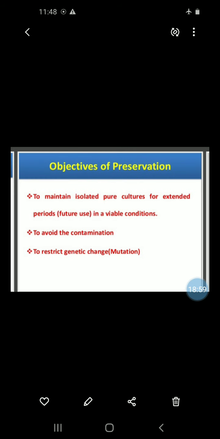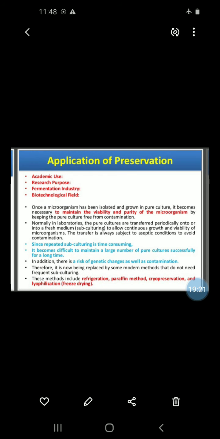Then we will see the objectives of preservation: to maintain the isolated pure culture for an extended period in a viable condition, then to avoid contamination, and the third objective, to restrict genetic change. So these are the few objectives of preservation.